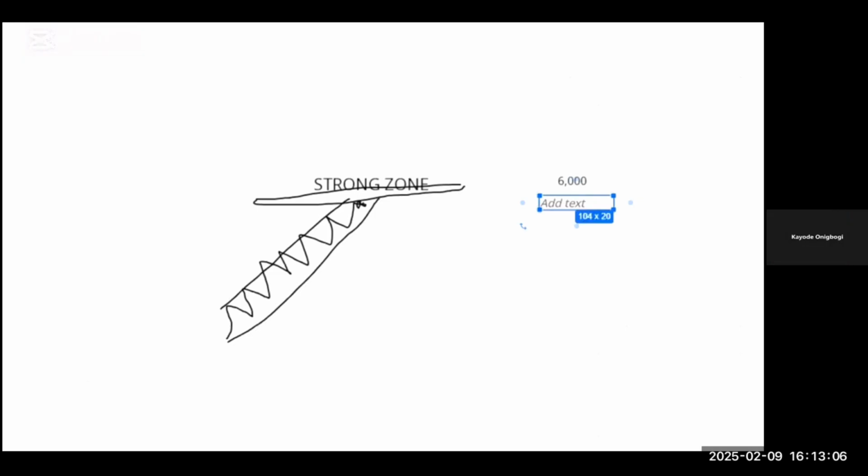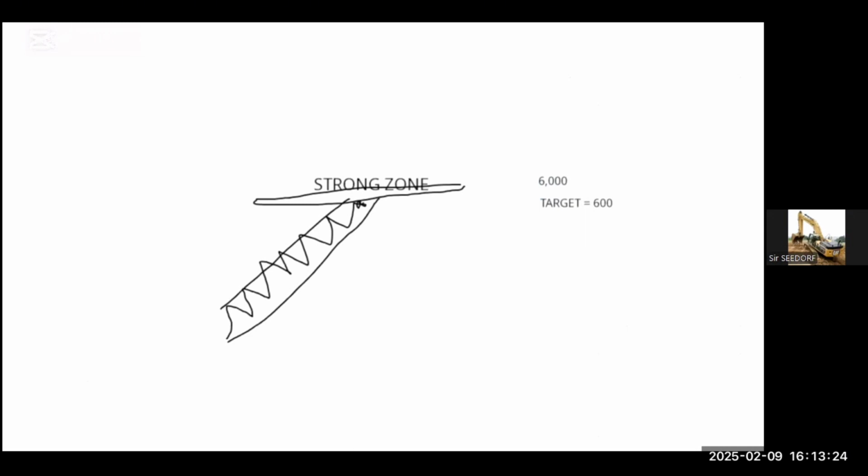This is what they expect you to make. And once you make this, you go straight to a funded account.